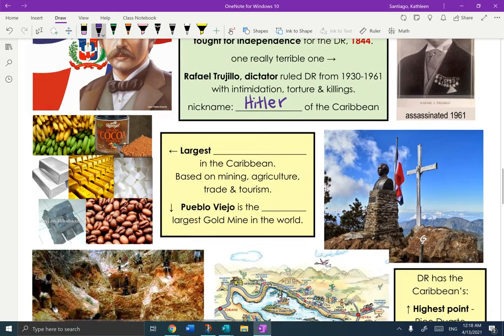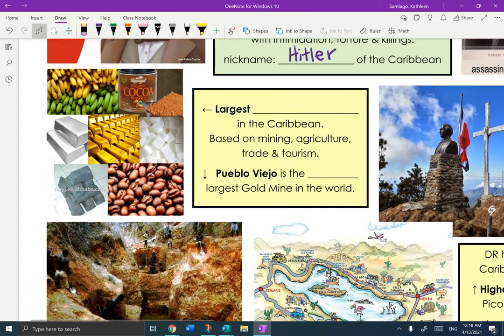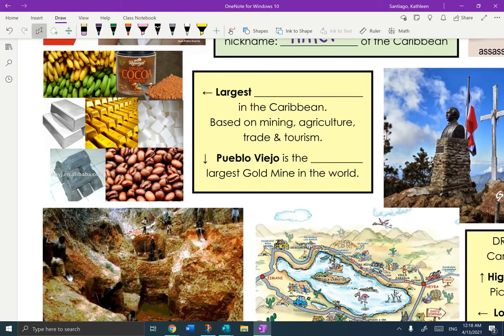Now, despite the problems that the Dominican Republic has faced, they are actually doing quite well right now. We're going to look at the yellow box first. Okay, so they have the largest economy in the Caribbean.